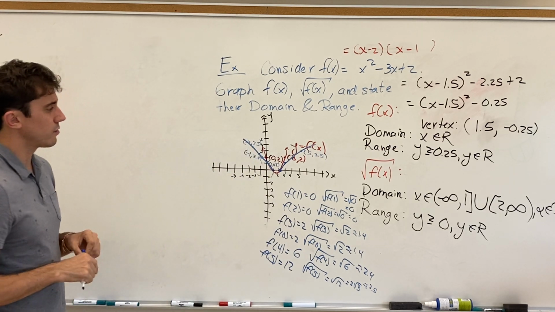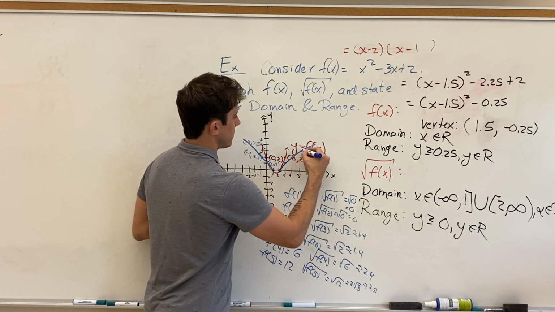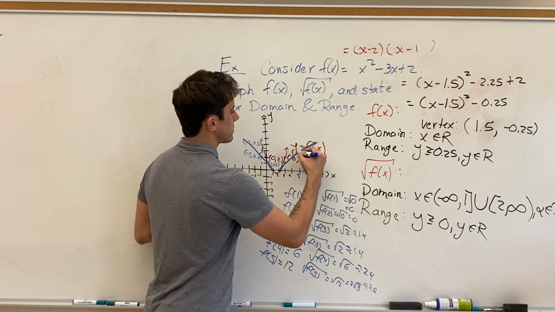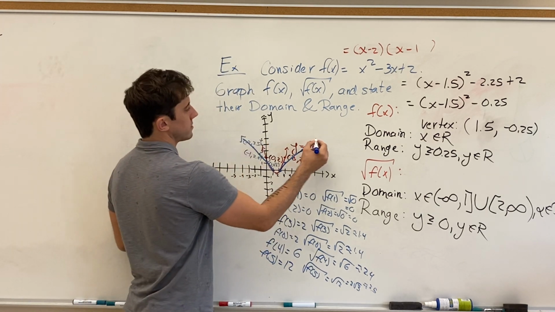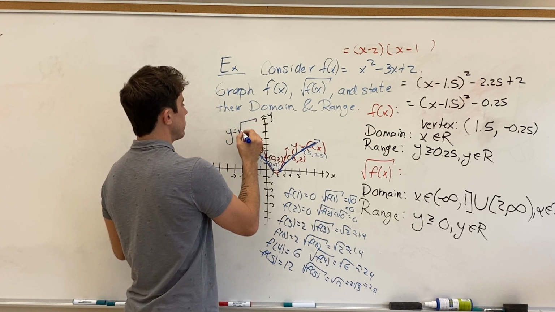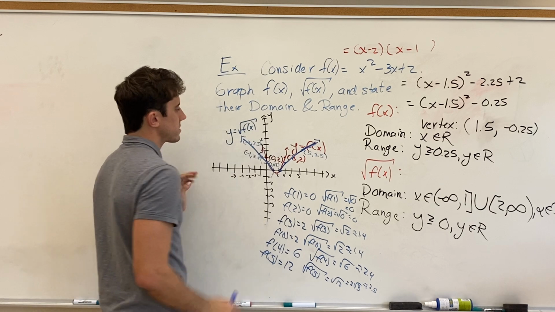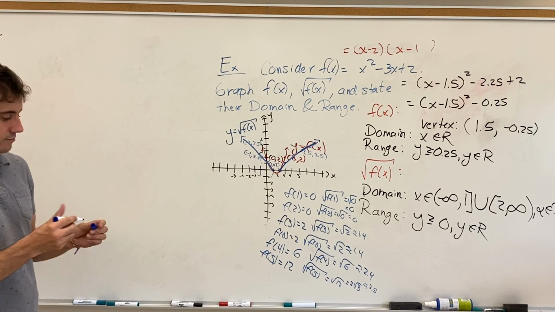And so it's going to look more like a straight line than it really is a curve. It looks something like that. And that will extend onto infinity in both directions. And so that would be y is equal to the square root of f of x. And those are the two functions we need.